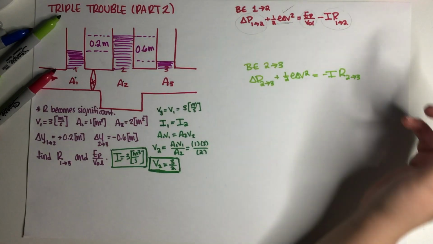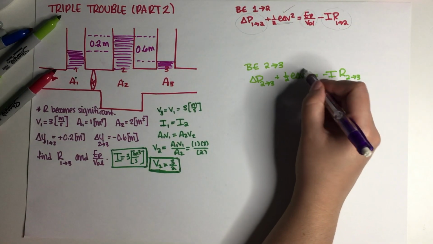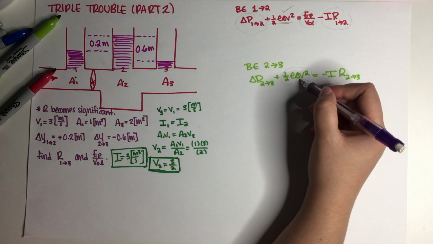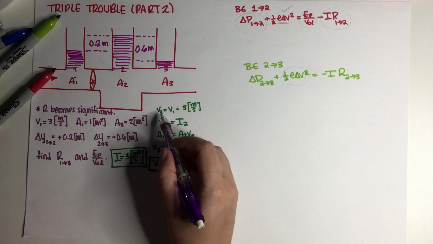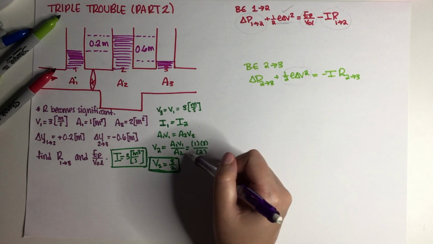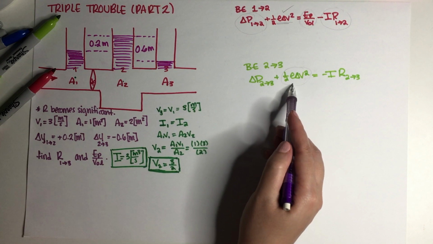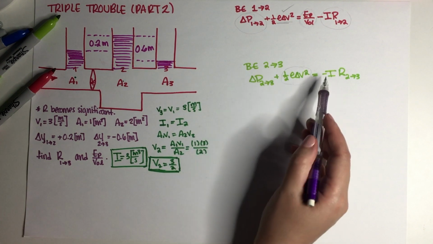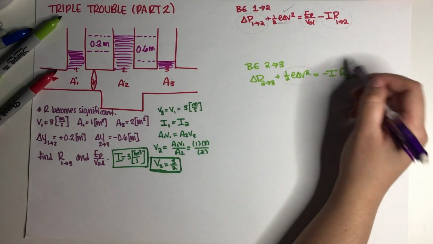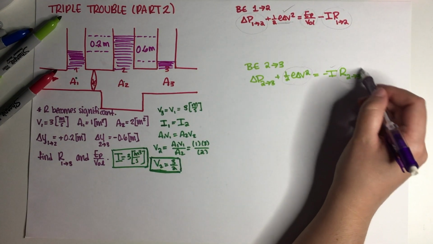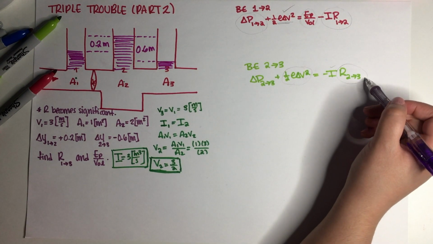Now from here, this is a number that again I can calculate because I do have the velocity at 3 and the velocity at 2. So I could easily just put this part on a calculator, but I don't really have this R over here. It wasn't given to me.